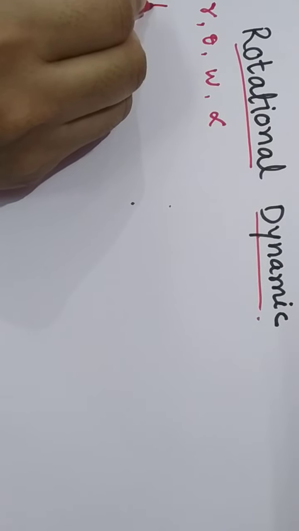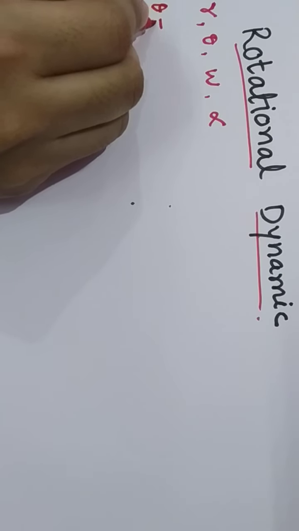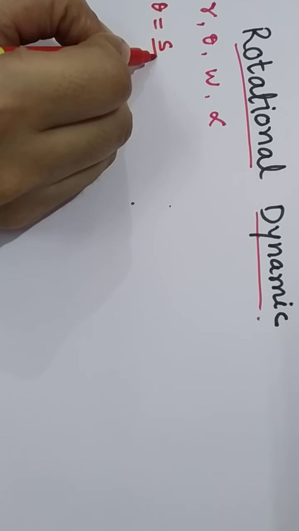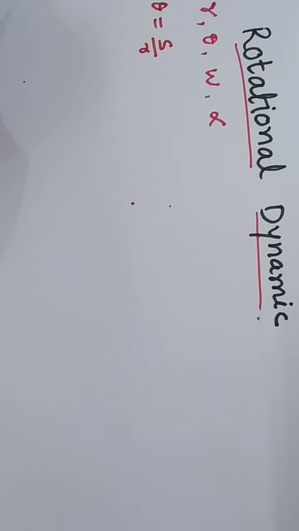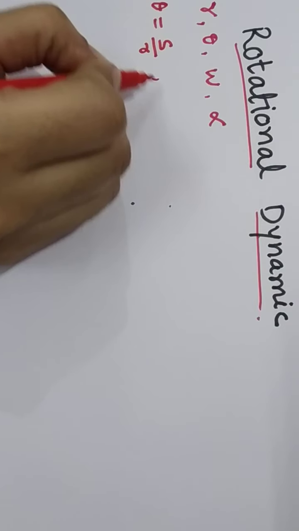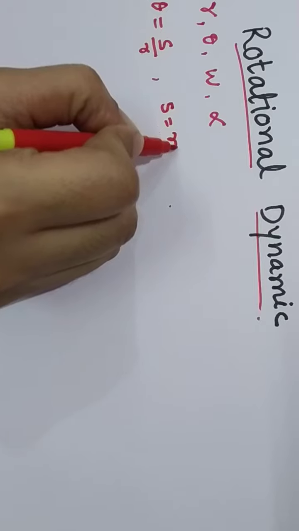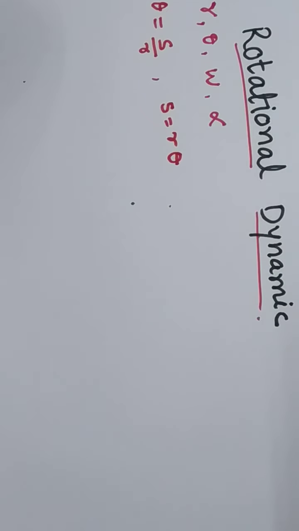Angular displacement and linear displacement are given as theta is equal to s upon r, linear displacement upon radius, and the relation between these two parameters is s is equal to r into theta.